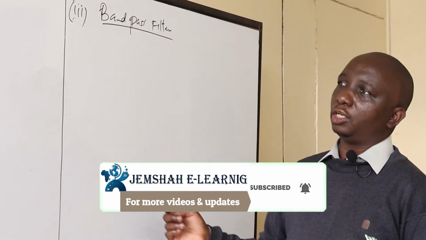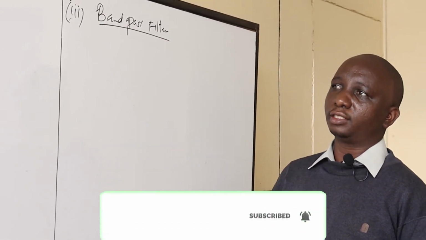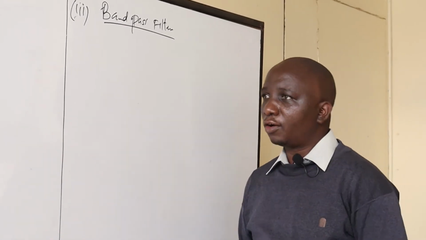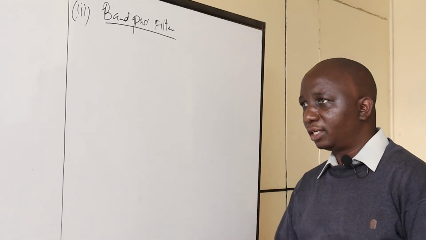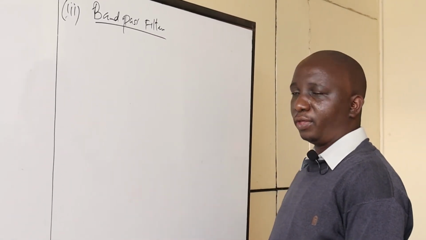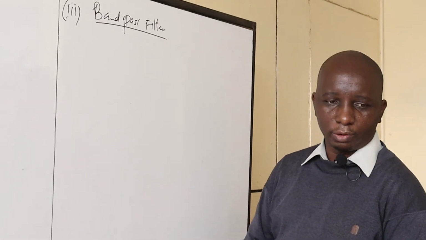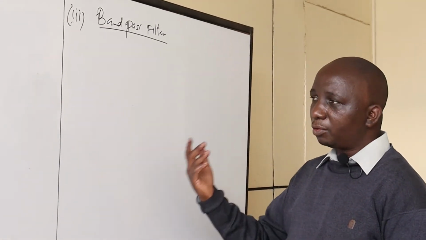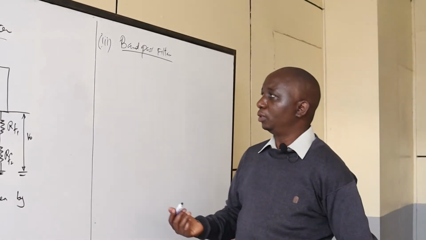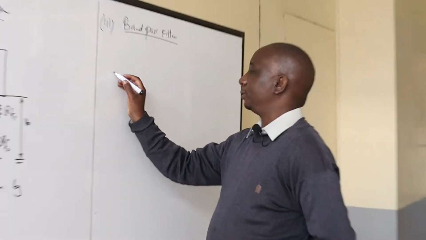In this case, it's a combination of the low pass filter and high pass filter. So we are going to allow frequencies slightly above the low pass and frequencies slightly below the high pass frequencies. And we're going to sketch this so that we are able to reflect on the type of circuit that we need to know. So I'm going to sketch that.